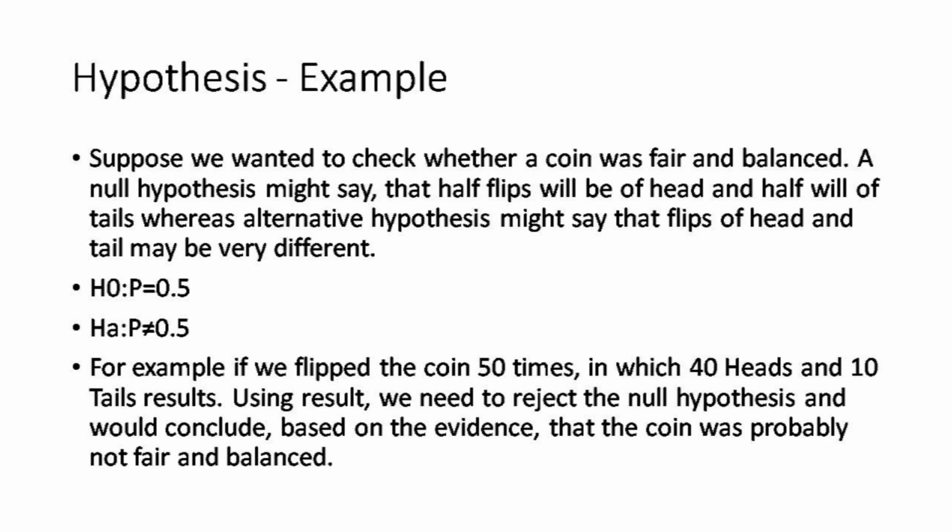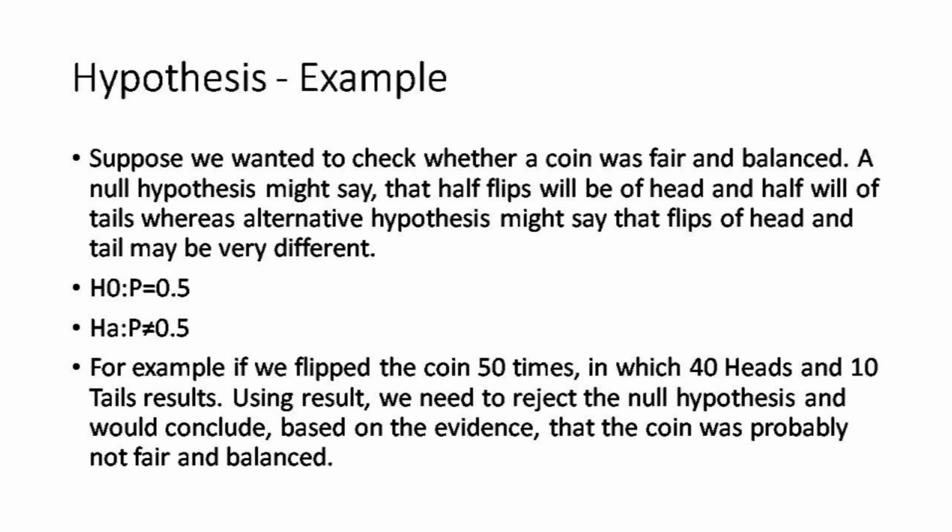So, in this example, the null hypothesis is that the population proportion of flipping heads and tails are equal. That is, capital P is 0.5, whereas the alternative hypothesis is that the population proportion is not equal to 0.5.